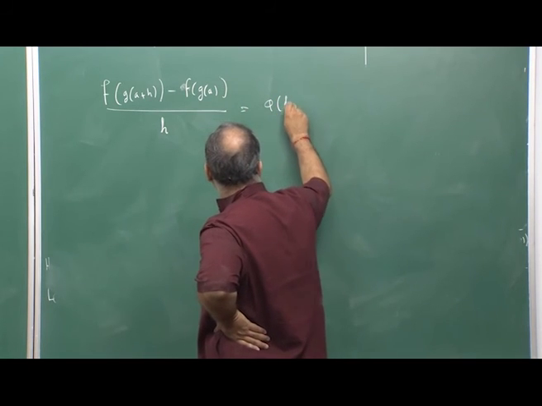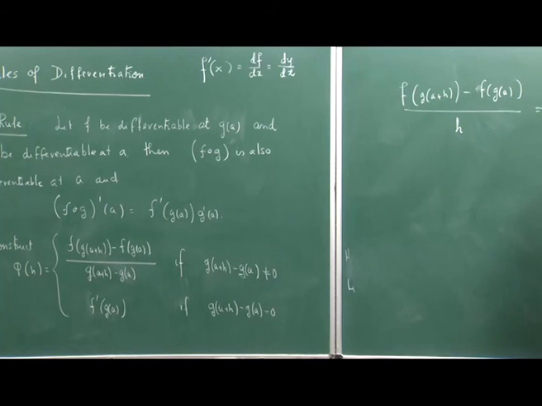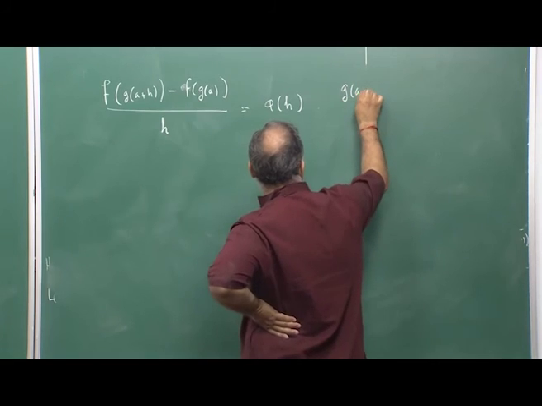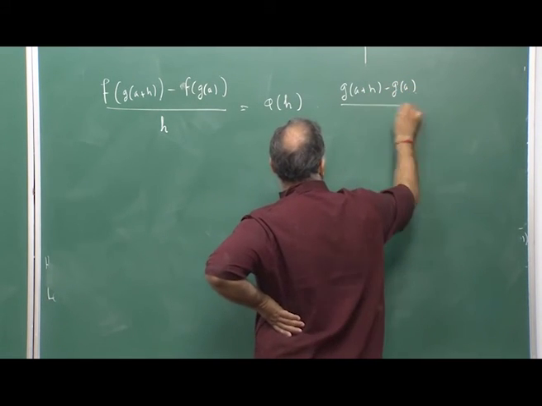This thing can be written as phi h into g of a plus h minus g of a by h.